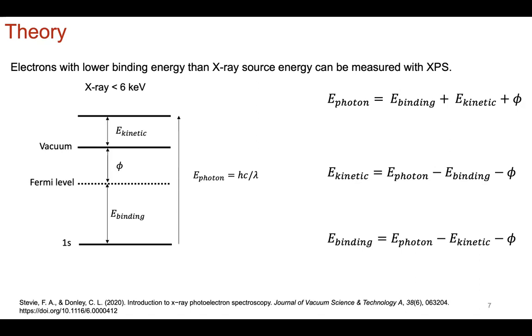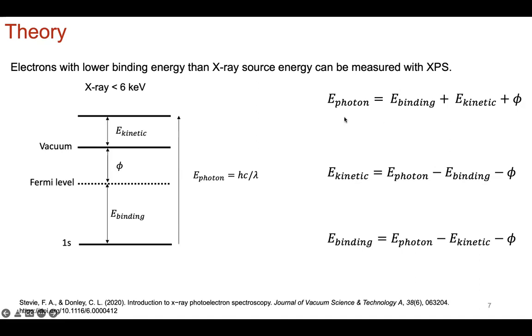And so all these three components together, the kinetic energy, the binding energy, and the work function, have to total the incident X-ray energy. Okay. So with these three components, you can form three different equations.